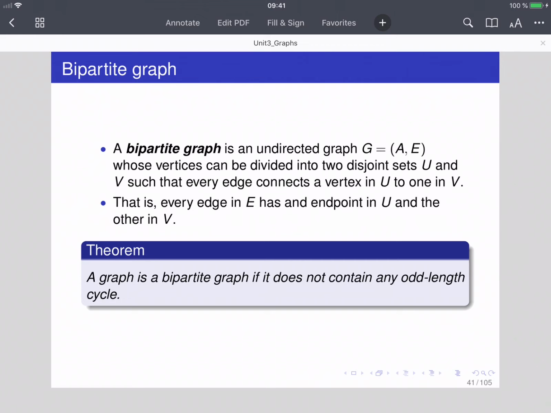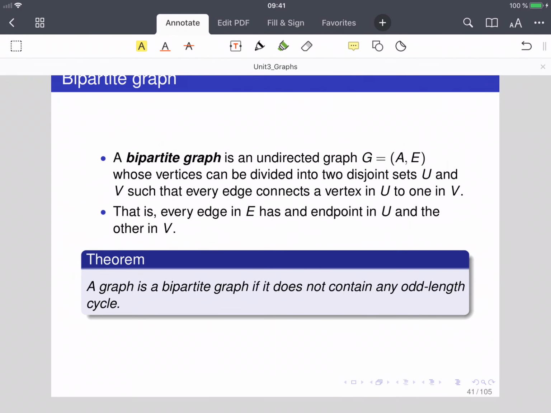We say that a non-directed graph is bipartite if we can divide the graph into two different parts, U and V, in such a way that there is no edge connecting vertices which are together in U, and no edges connecting vertices that are together in V. We can have edges from U to V, but we cannot have edges inside U or inside V. Okay?